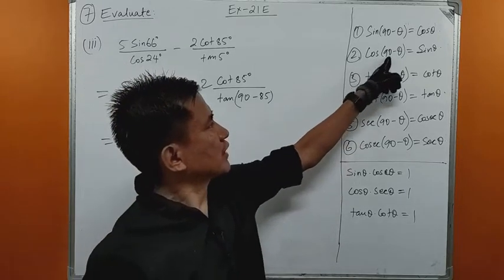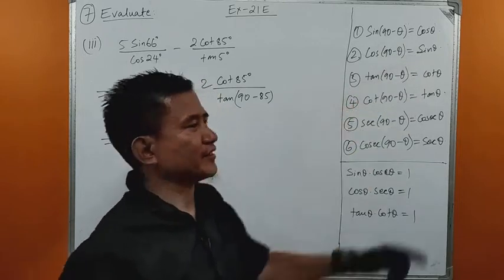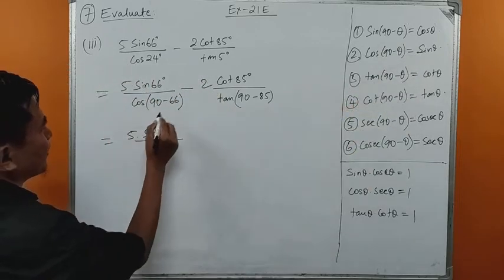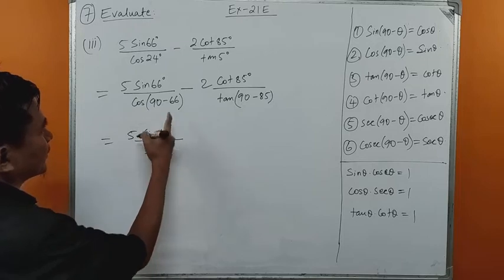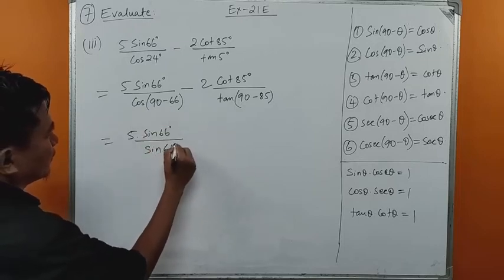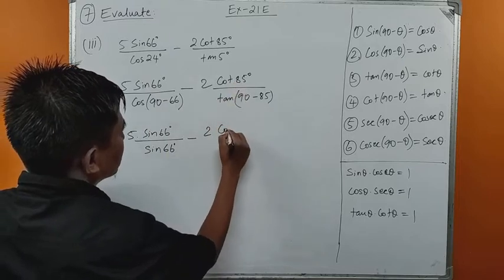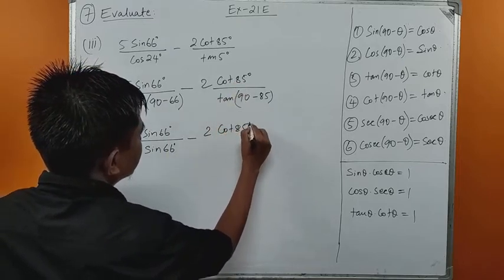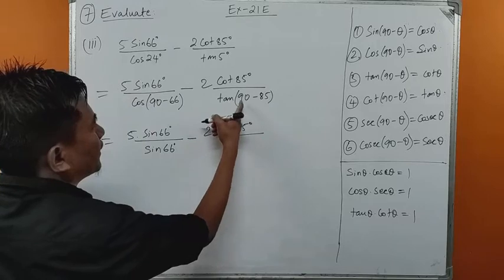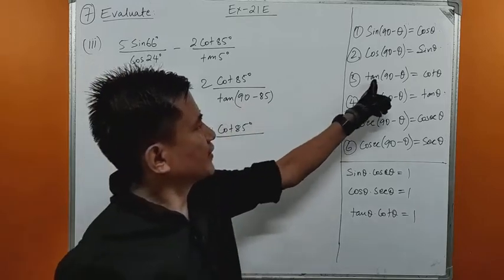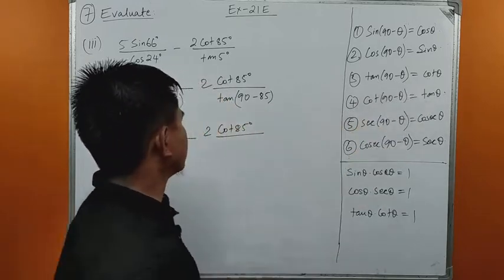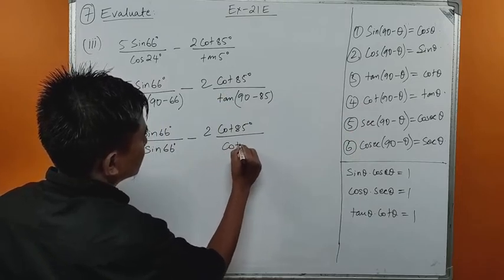So cos 90 minus theta is sine theta, and theta is 66, minus this is 2 cot 85, we copy as it is, cot 85 degree, and in the denominator we have tan 90 minus theta, and tan 90 minus theta is cot theta, isn't it? So cot theta is 85.